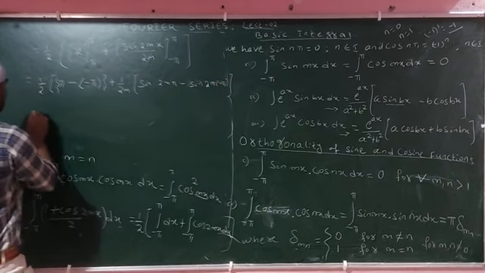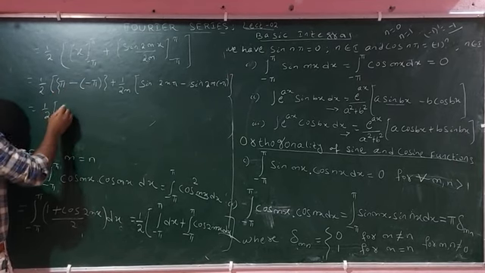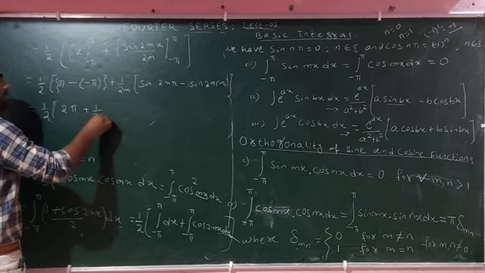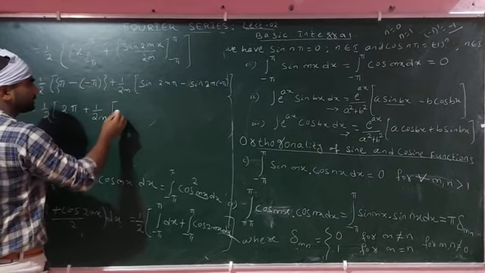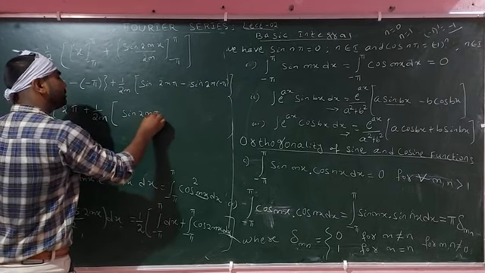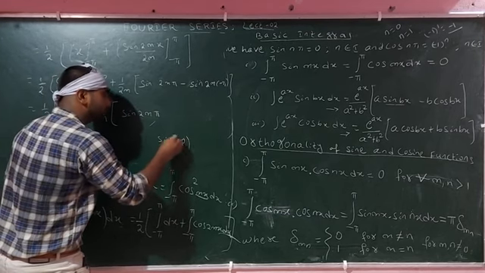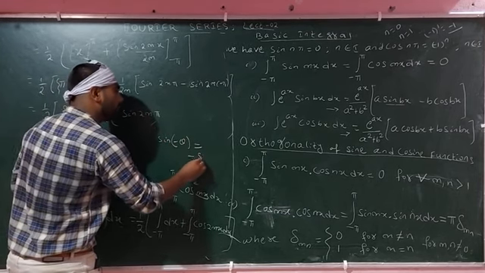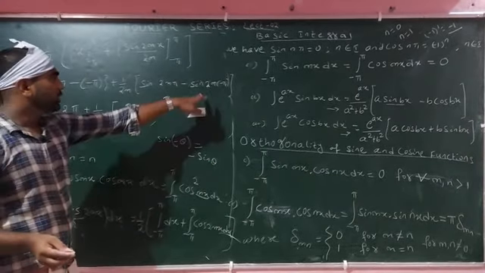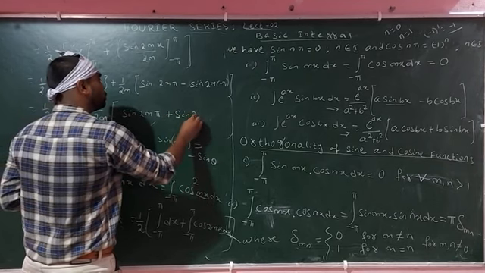We have half into 2 pi plus 1 by 2m sine 2m pi. We know that sine of minus theta equals minus sine theta. By applying this identity, we have plus sine 2m pi.